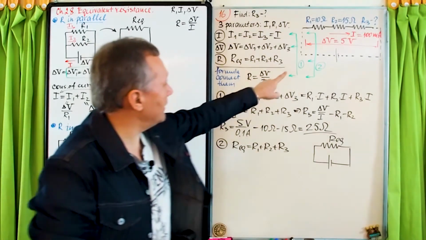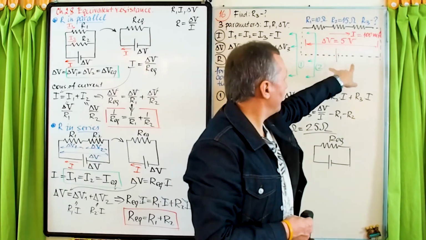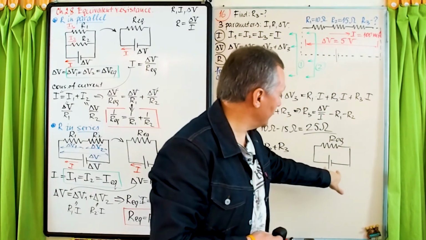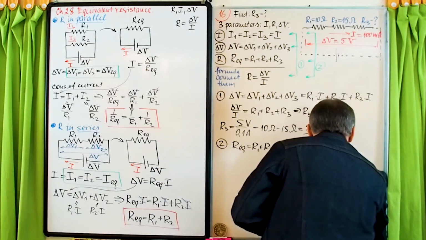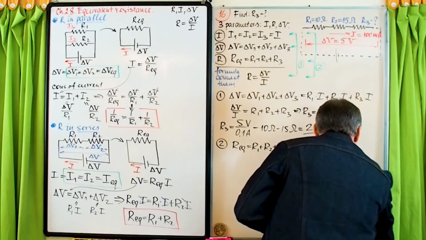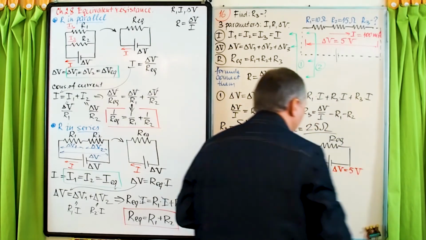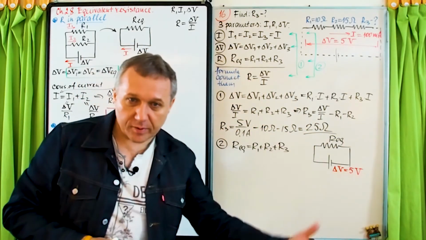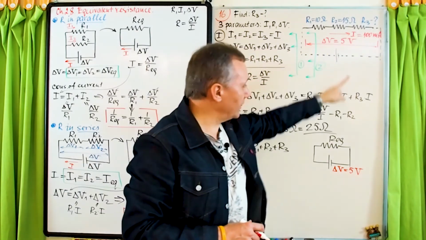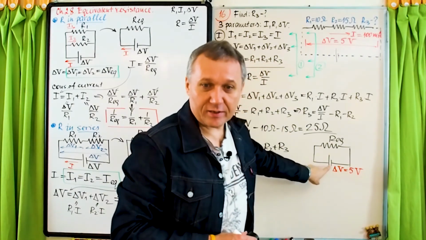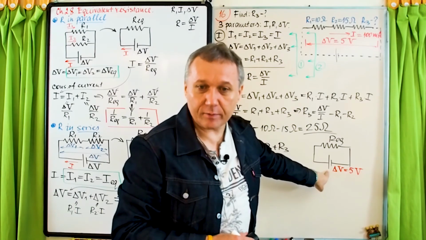So if in the real circuit delta V is 5 volts provided by the battery, in the equivalent it is exactly the same. So I can write over here, delta V equals 5 volts. And current must be the same. So if this current of 100 milliamps is taken from the battery, exactly the same current must be taken from the battery in the equivalent circuit.